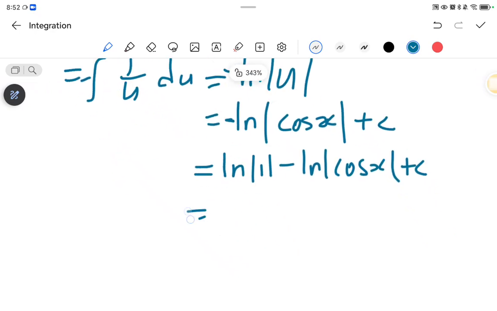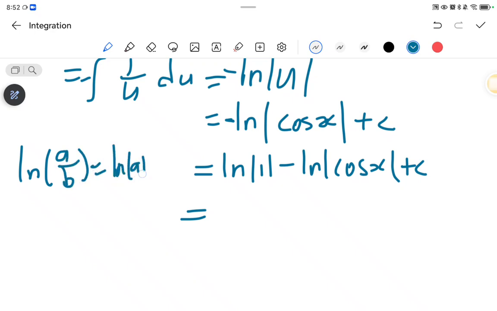And then we know, according to the properties of log, that log of a over b will be equal to log of a minus log of b. Or we know this one, that log of 1 over b will be minus log of b, because log of 1 is 0.